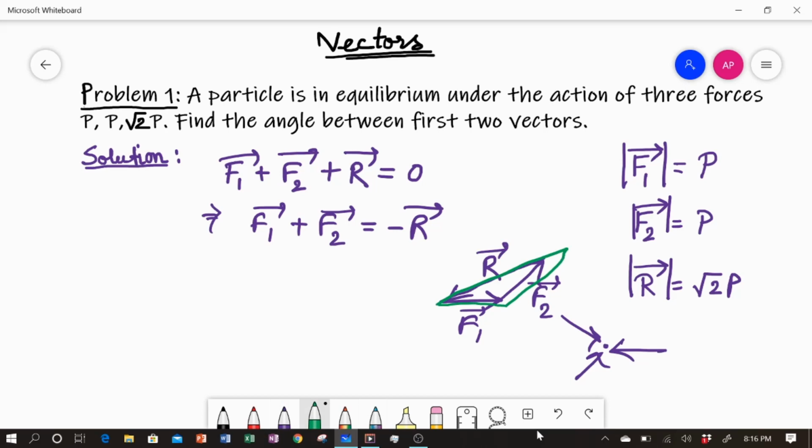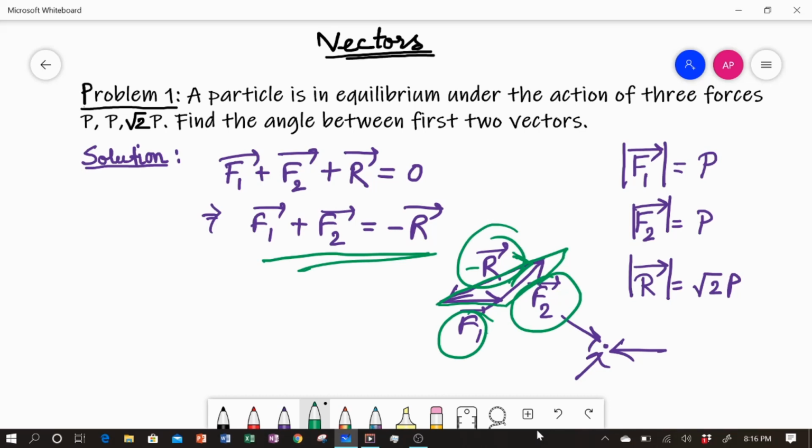That means these three vectors in the same order make a resultant of 0. But if you invert the direction of R, then you get minus R, and you get the resultant of F1 vector and F2 vector as minus R vector, right? That means this thing.